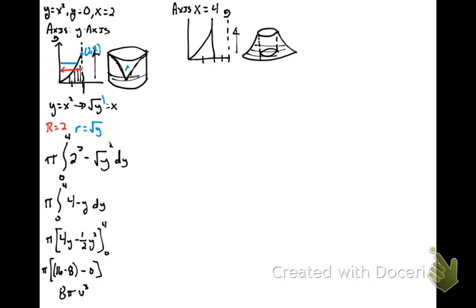Big R, which I'll do in red, is the outer distance, so it's from here to our axis of rotation. This entire distance to our axis of rotation is 4, and we need to subtract out this piece right here, which is the square root of y. So big R is 4 minus the square root of y.